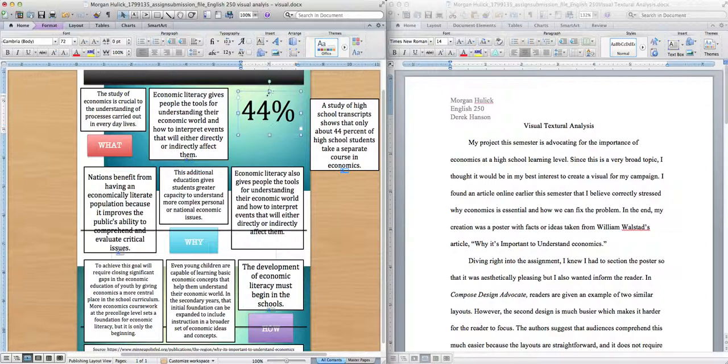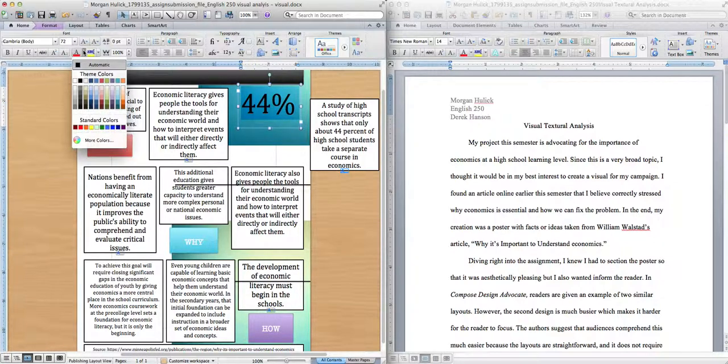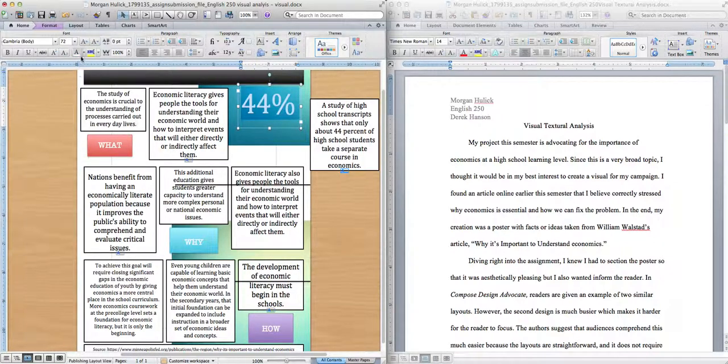So 44%, being a number that's extremely important, and we could even change the color of this. Let's make it white, for instance, or we could even make it yellow. We can do a lot of things, but now look how much more prominent this statistic is.